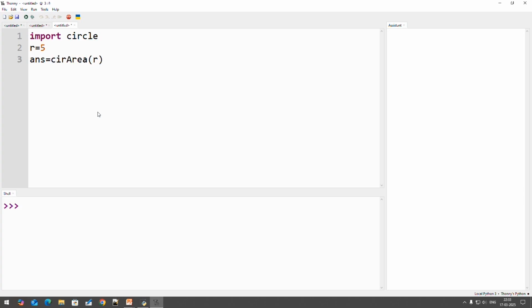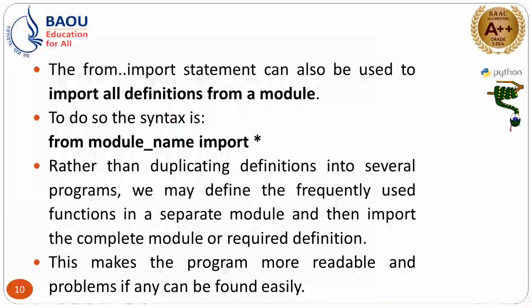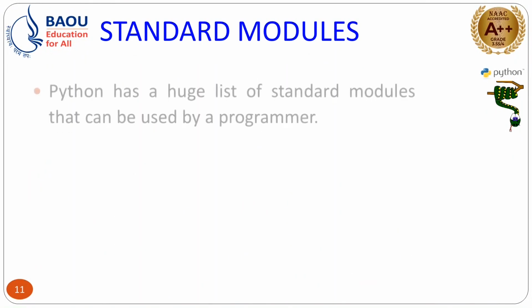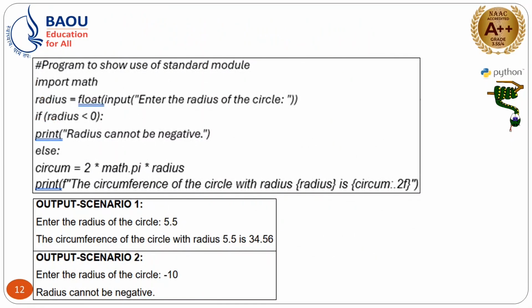So you can write here circle, then after dot and then after area. Whenever you write this statement, the Python interpreter will execute it and search for the area function definition in the circle module that we have already imported, right? So this way you can use it, you can see it here on the screen, that is the example.